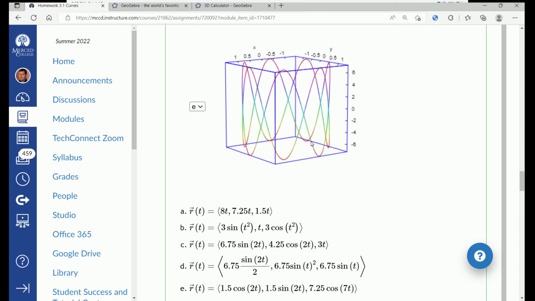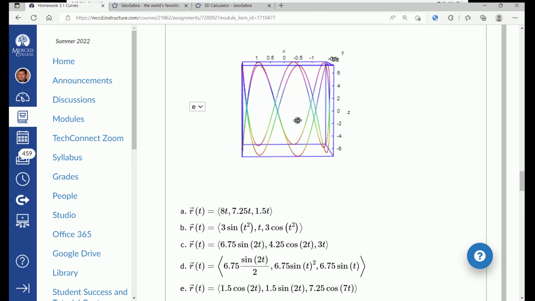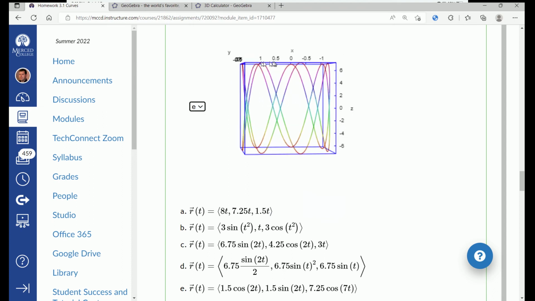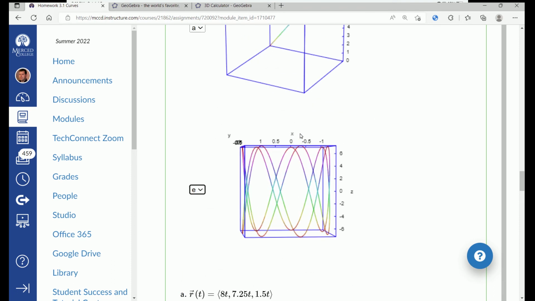For example, on this one, I've got z on the side and x on the top. X is between, it looks like, -1.5 and +1.5. Z is between, I don't know, -7 and +7 maybe. Definitely not -3 and 3. So this could not be B. I know it's marked E anyway, but it could not be B.